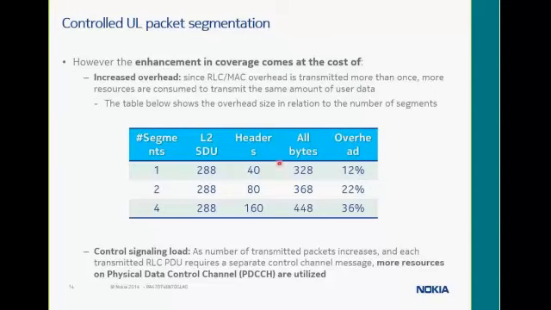The whole number of bits that we're transmitting is 328. That's 12% overhead. So we have the 40 bits of header, a total of 328, so we have 12% overhead for a voice packet of 288 bits.